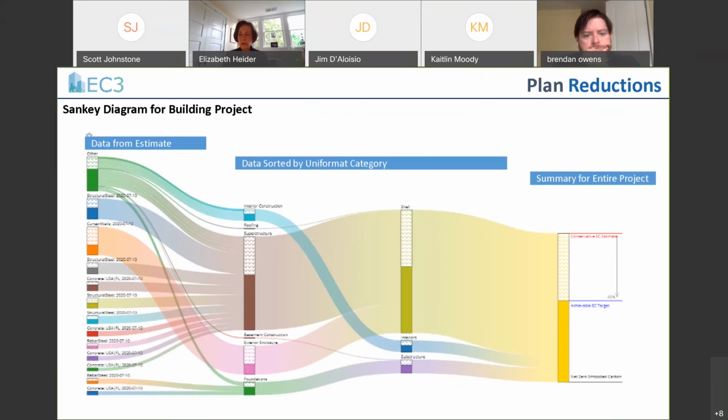In each case, you can see that the full bar shows the conservative EC estimate, really more business as usual. And then the dark part at the bottom of each bar shows the achievable EC target. And the lighter bar in between essentially shows you the range that you're shooting in from business as usual to an achievable embodied carbon target.